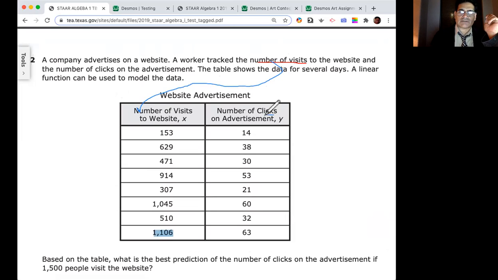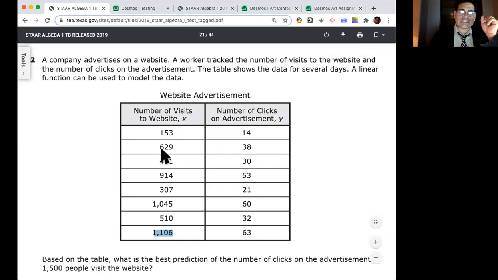All right. The table shows data for several days. A linear function can be used to model the data. All right, let's say, what's the best prediction? Okay, well, let's see.